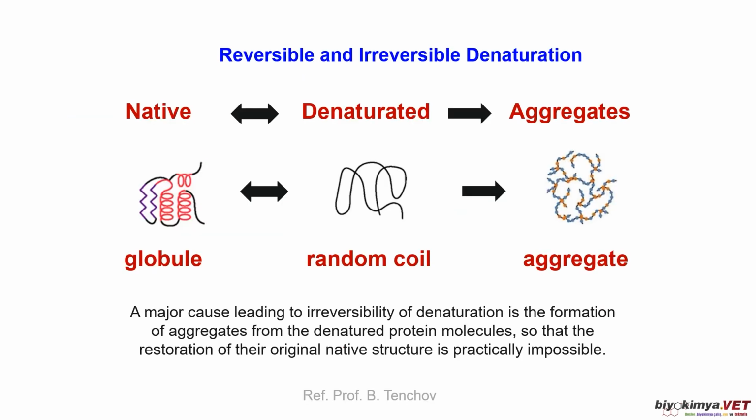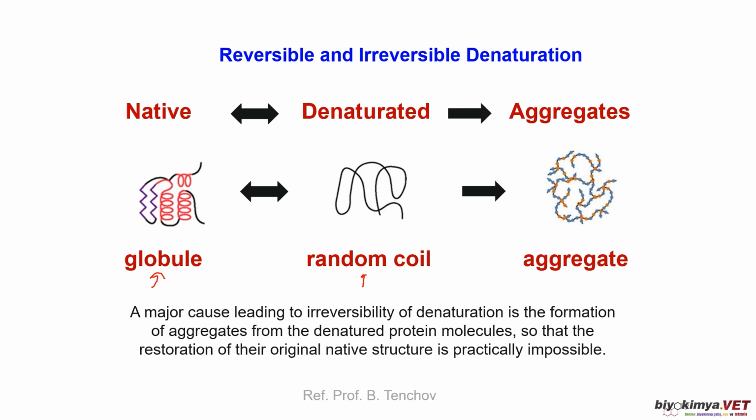And a good illustration, thanks to Professor Tenchov, of reversible and irreversible denaturation. He used the native state of a globule, and after denaturation, a random coil is formed. If the renaturation occurs completely, the protein can gain its native state.